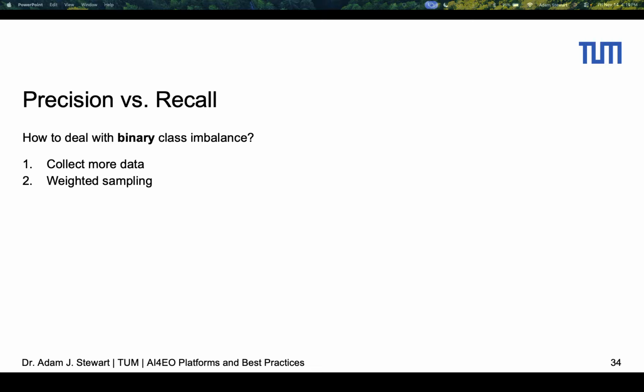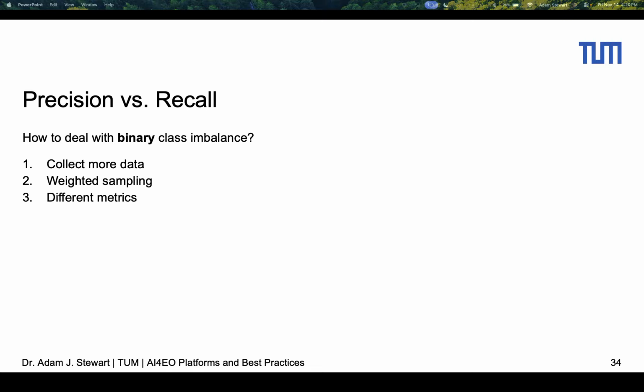Another approach is weighted sampling. So if I have 100 examples from Germany and 1,000 examples from Spain, and I'm training a model, and I don't want the model to be biased towards Spain, I can either sample less often from Spain, so use a subset of the Spain data, or I can sample more often from Germany, maybe even repeat some of the data multiple times. And then I get more balanced distributions.